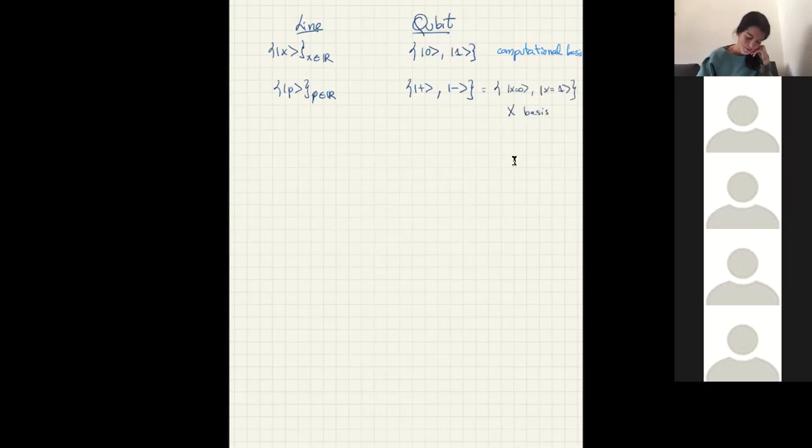It's what is called the x basis on the Bloch sphere, and this one is like z equals 0, z equals 1. Now I know it's very confusing that what on the qubit is the x basis will actually correspond to the momentum on the line, and what is the x basis here corresponds to the z basis there.